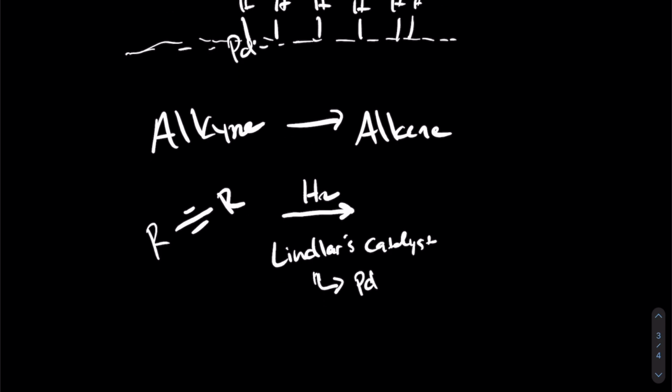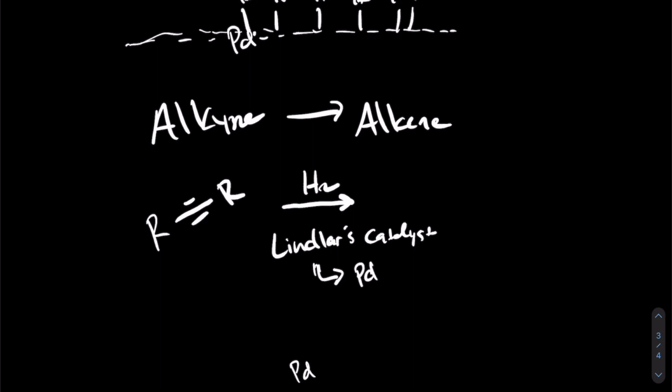Now, Lindlar's catalyst, of course, gives you one stereospecific product because it's the same sort of thing. It's palladium, lead, and so it's got hydrogen still coming off of it, just like before.